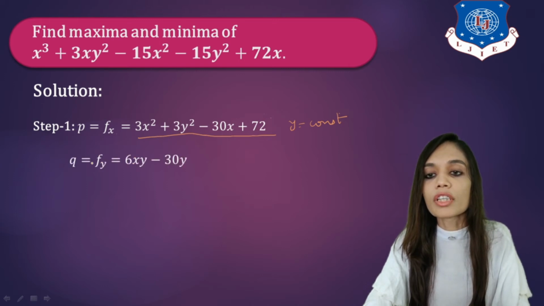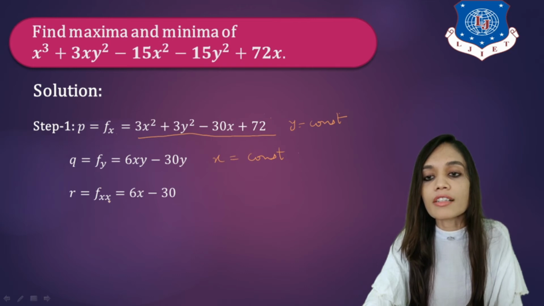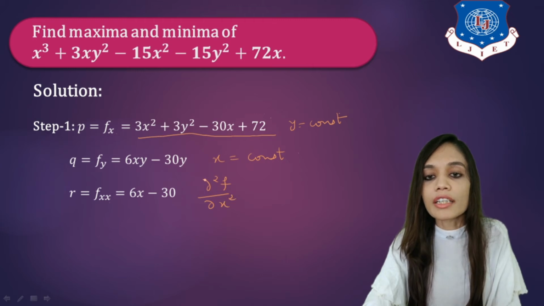Now find q, that is equal to fy. So that will be equal to 6xy minus 30y. Here you have to keep what constant? X as constant. Now we have to find r, that is equal to fxx, that is the partial derivative of f with respect to x 2 times, that is del square f upon del x square.